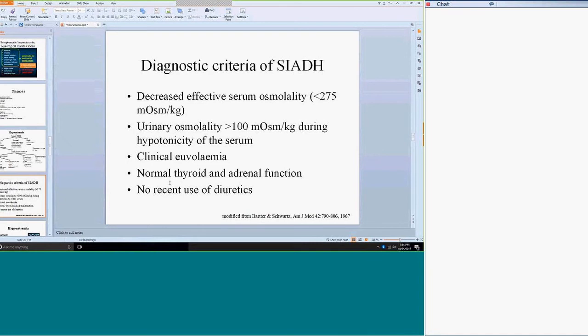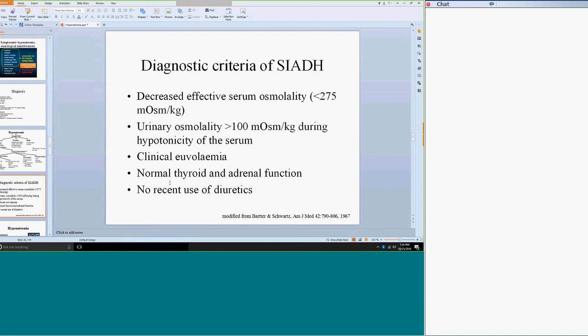The diagnostic criteria for SIADH: one is serum osmolality, which should be inappropriately high. If someone's serum osmolality is less than 275, we see physiology where the arginine vasopressin hormone should be completely suppressed, and urine osmolality should be less than 100.